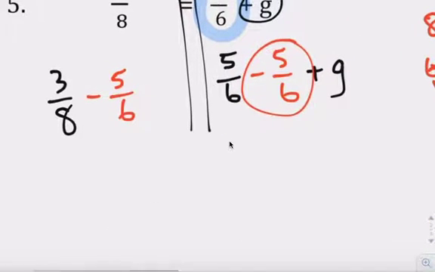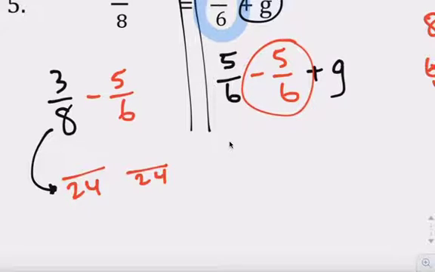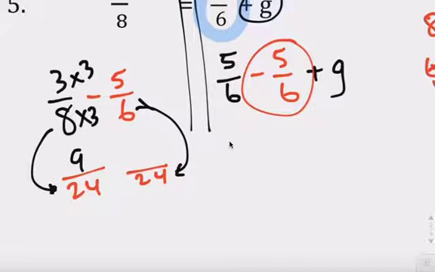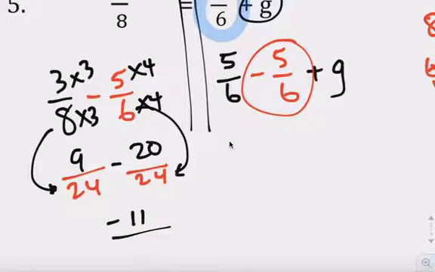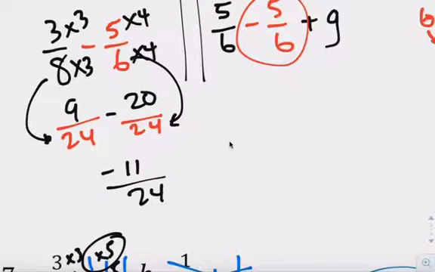So your least common denominator is 24. 8 into 24, 3 times. 3 times 3 gets you 9. 6 into 24 is 4. 4 times 5 is 20. Subtract, you get negative 11 over 24 is g.